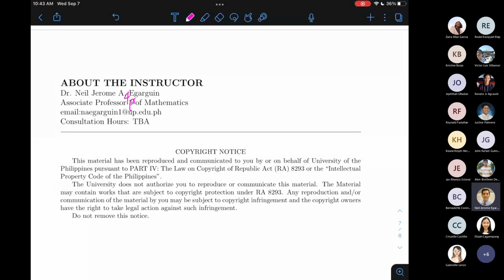Alright? Pero usually PowerPoint yung given na material sa akin dito, right? Yeah, minana ko lang yung slides and I won't have time to write everything from scratch because number one, existing na yung materials. So yun na lang din yung gagamitin ko.